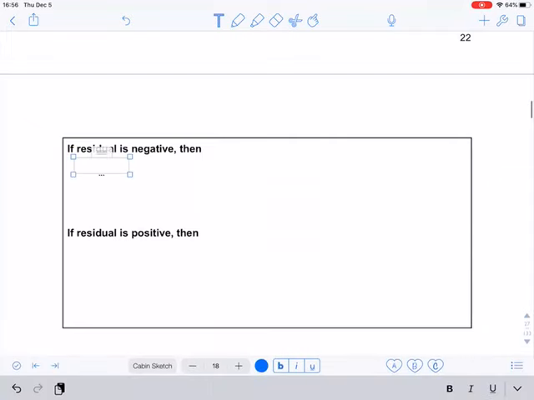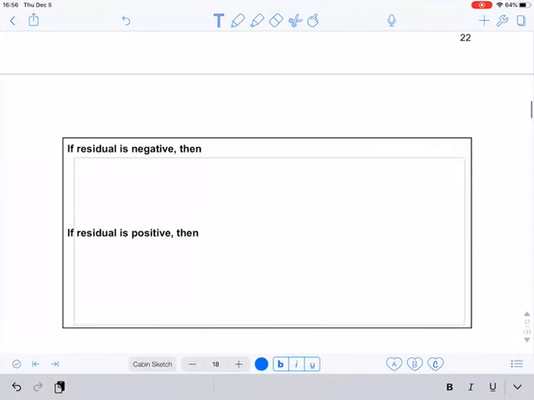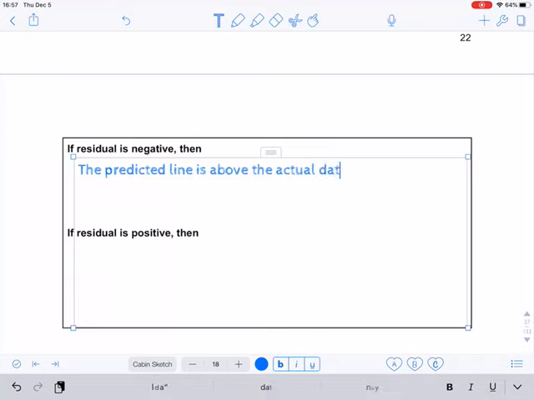And then we could do the same thing here. We did this yesterday with the last class when we wrote this. A negative residual represents the predicted line is above the actual data points.